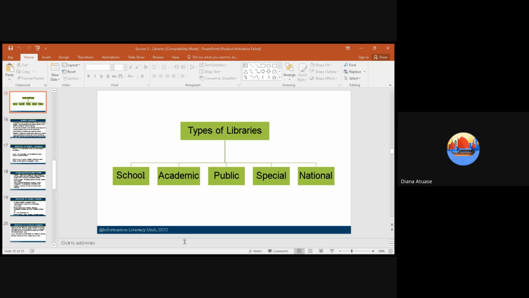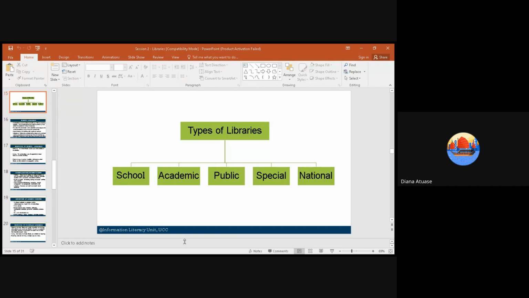So you have the choice to decide which material you want to use. And we cited the academic library or university library as an example of a hybrid form of library. So when you visit the academic library or university library, you have collections in print and electronic format. So the academic library is a hybrid form.